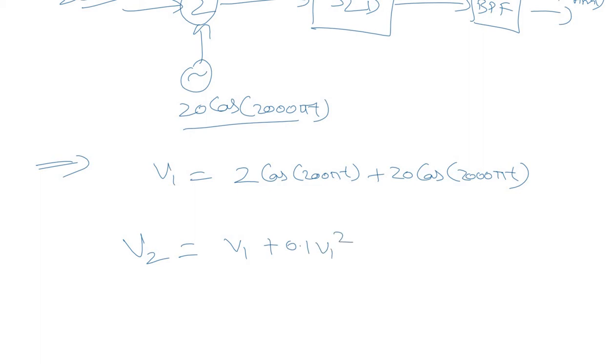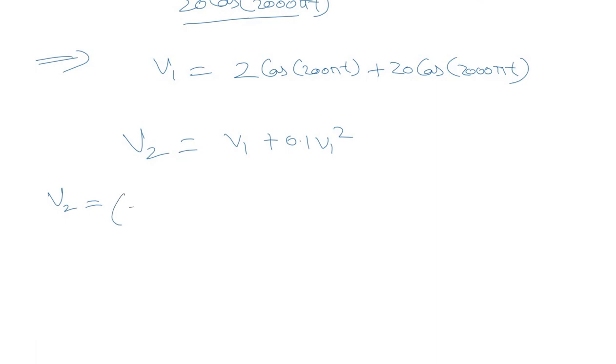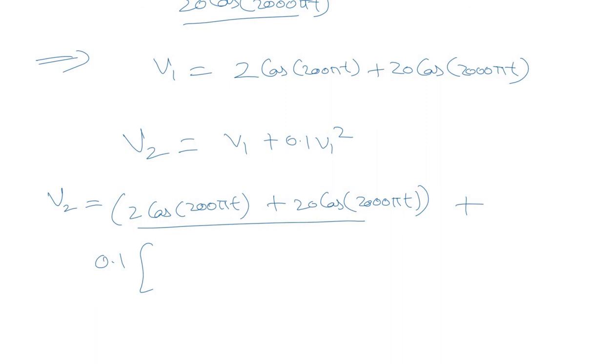So substitute the values and we can find V2 also from here. V2 is equal to 2 cos 200 pi t plus 20 cos 2000 pi t, okay, plus 0.1 times the square of this term V1.